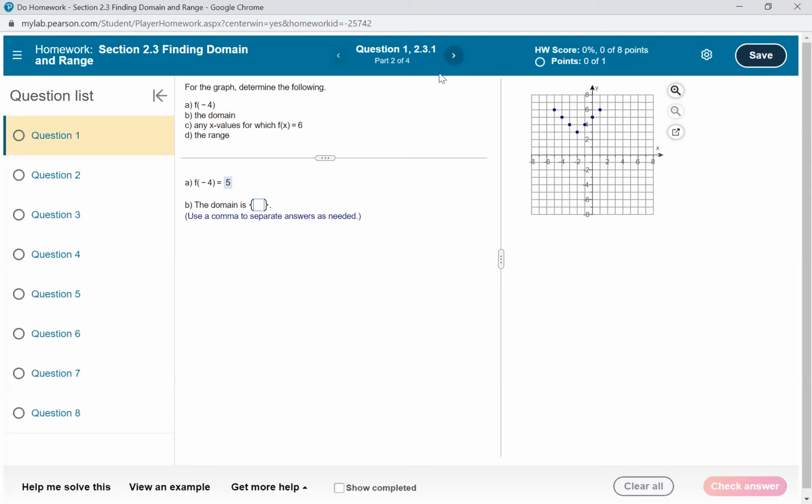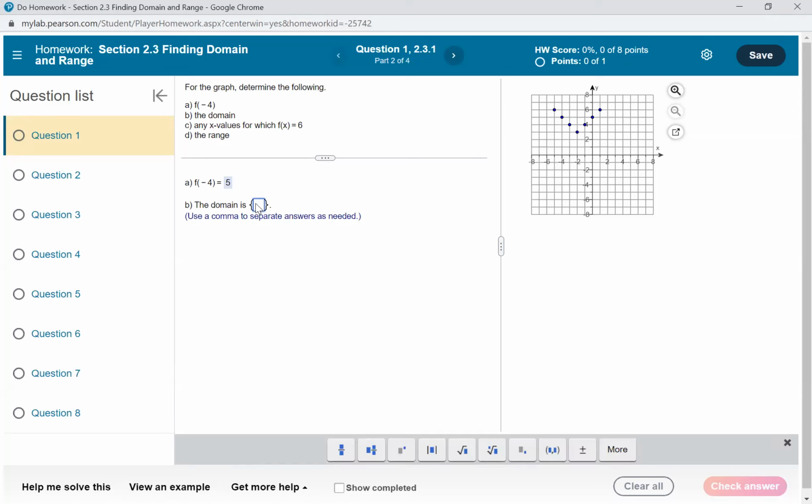So remember, the domain is my set of X values. So I'm just going to look at my graph. The first point to the left, if I go straight down, has an X value of -5. My next one, the second point from the left, has an X value of -4.